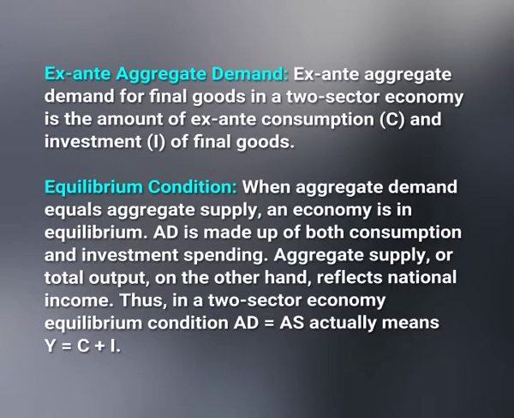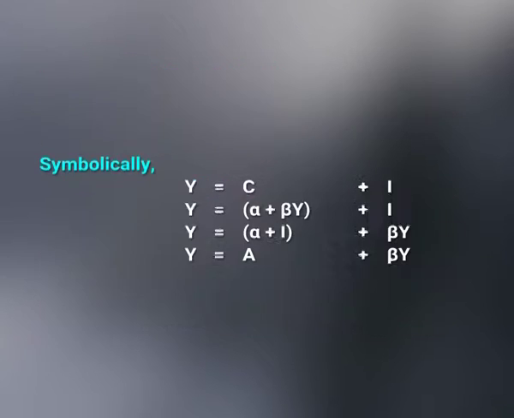Thus, in a two sector economy, equilibrium condition AD equals AS actually means Y equals C plus I. Symbolically, Y = C + I. Y = α + βY + I. Y = α + I + βY. Y = A + βY.